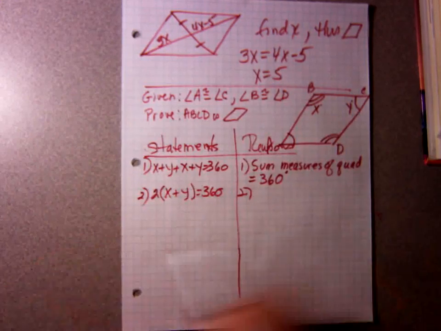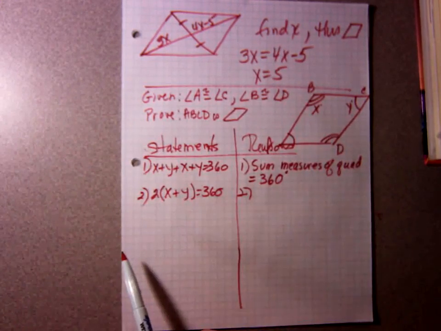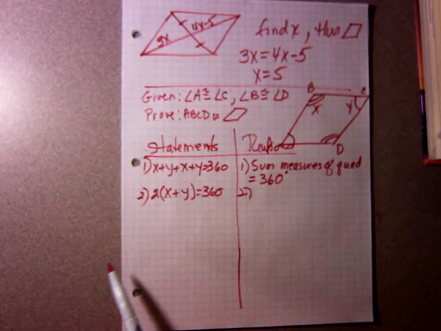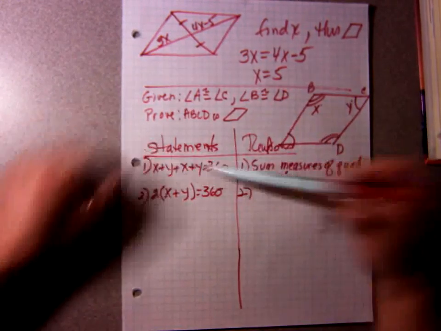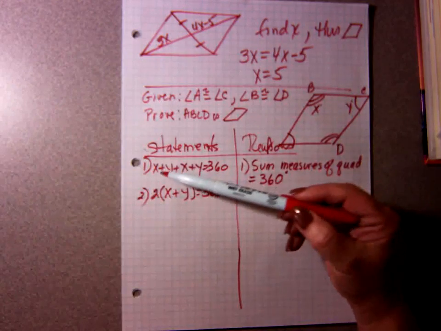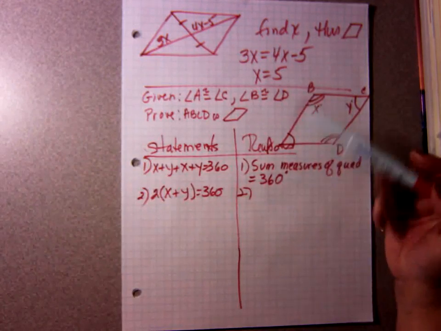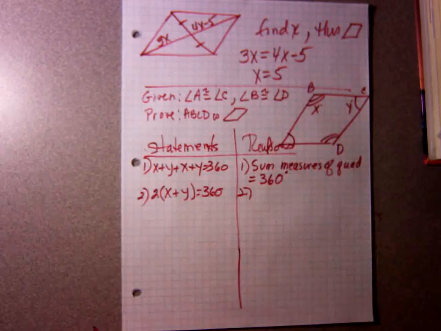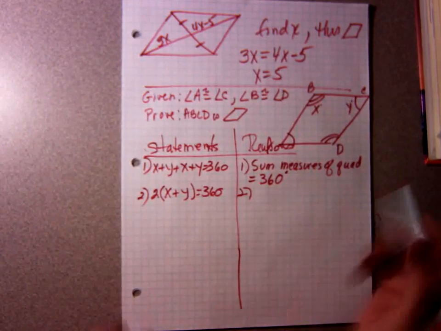Does anybody know what property allows me to do this? I actually skipped a step here. I combined these. When I combined them, I had 2x plus 2y equals 360. So what property allows me to do this?